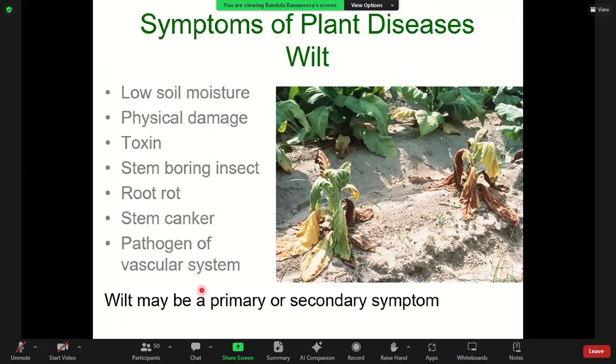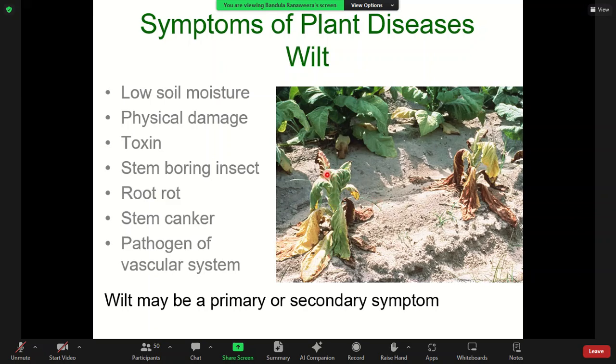Then here the symptom is named the wilt symptom, dehydration symptom. We observe the symptom on aerial parts of the plants, the above-ground part.